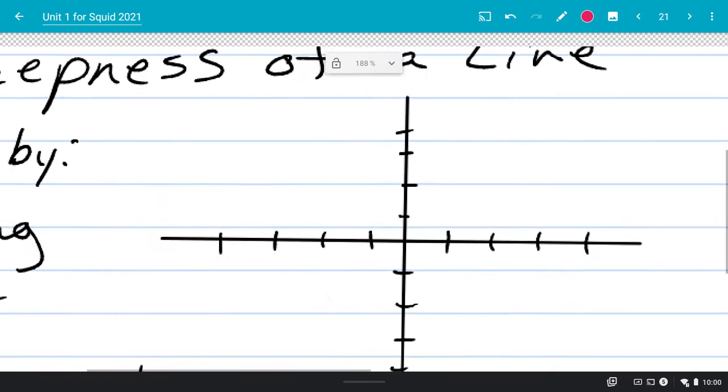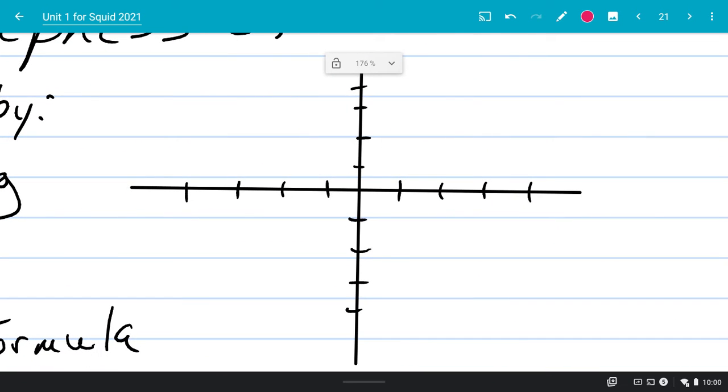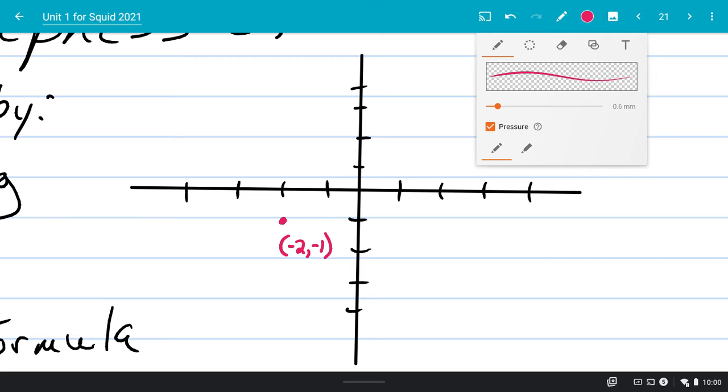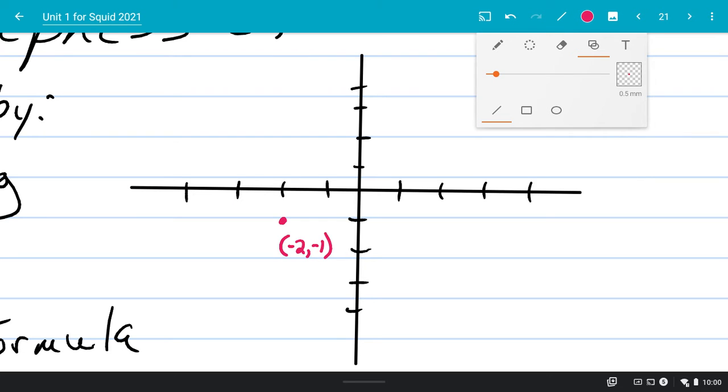I'm going to come in here to this nice little graph I have. Let's say I have this point, which would be -2, -1. And let's say I have this point, which is 3, 4. Let's say I have a line going through those 2 points.